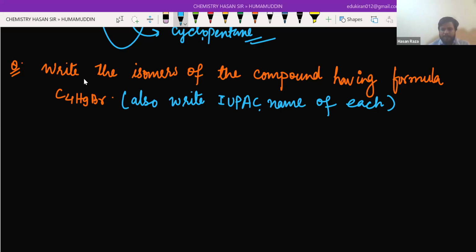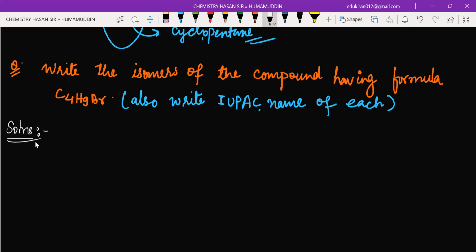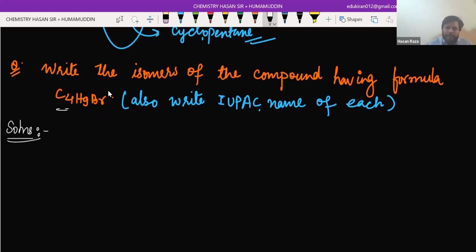Why are you taking too much time? Are you able to solve this? Yes, sir. Okay, how many isomers have you drawn? Two. Okay. Austin, how many isomers of C4H9Br will be?